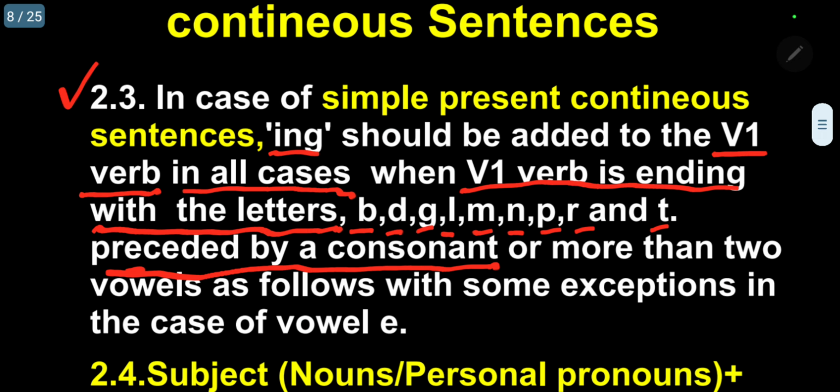So, let me repeat again. In the case of simple present continuous sentences, ing should be added to the V1 verb in all cases when the V1 verb is ending with the letter B, D, G, L, M, N, P, R and T preceded by a consonant or more than 1 vowel.